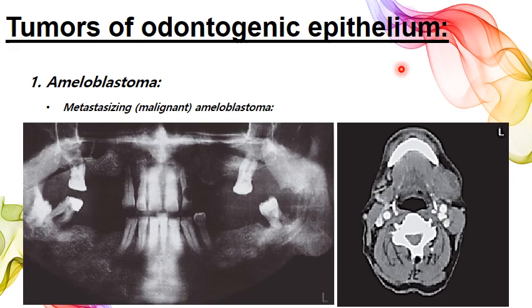How does this metastasis occur, or how will this ameloblastic tissue travel? It will travel through the hematogenous route, through the blood, or the lymphatic route, or aerogenous, which means the patient inhales the ameloblastic tissue, so it will enter the lung and proliferate, or from passive transplant secondary to surgical manipulation.